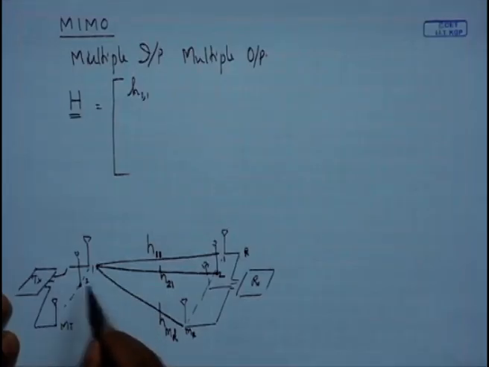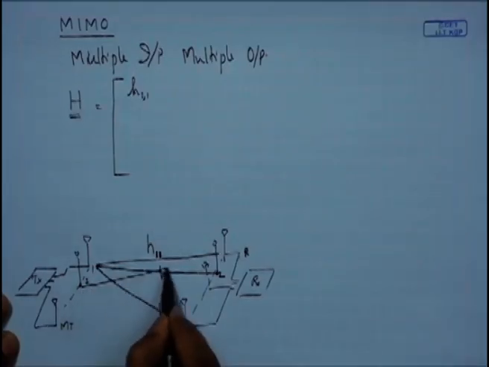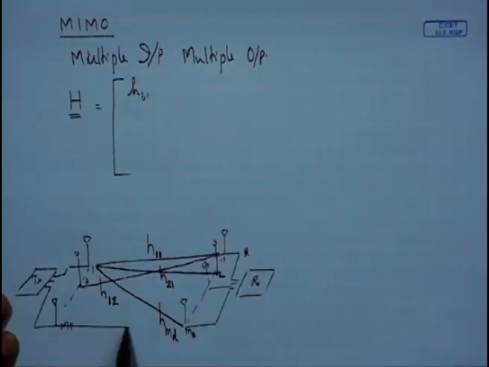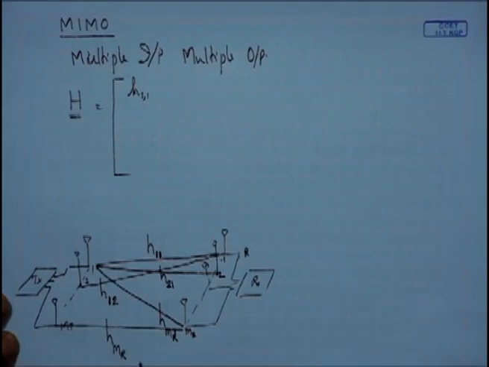Whereas this link is denoted as H, which is received in antenna number 1, transmitted from antenna number 2, and this link is H received in antenna number MR, transmitted from antenna number MT. So this is how the typical link description would happen.